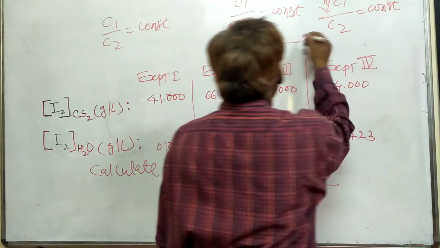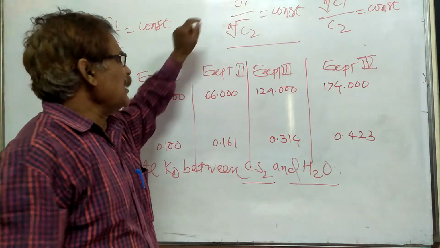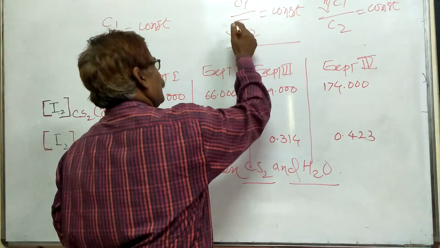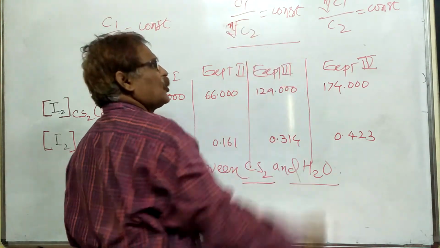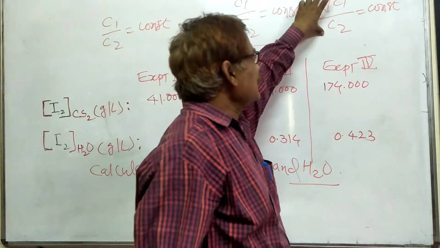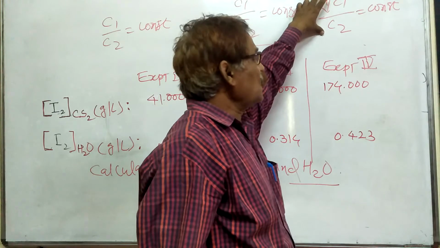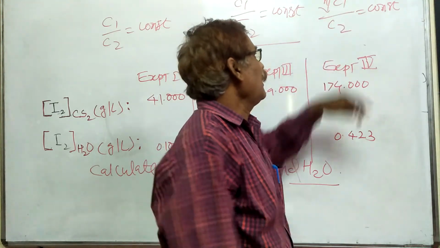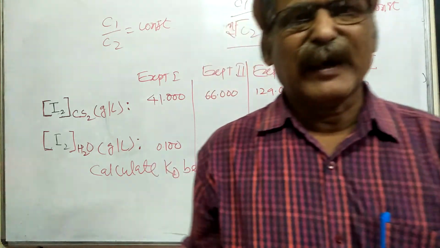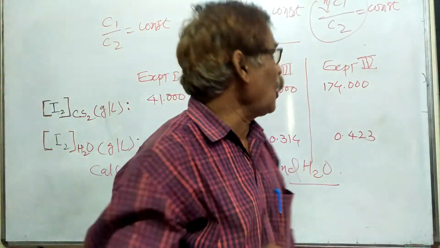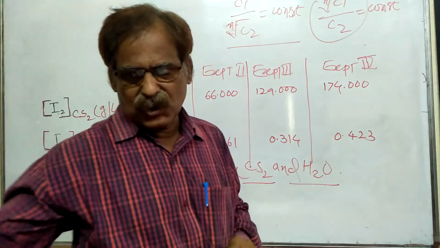In this case, the solute under examination undergoes association in solvent 2, and when solute undergoes association in solvent 1, at that time the mathematical expression of the modified distribution law is n root of C1 upon C2.